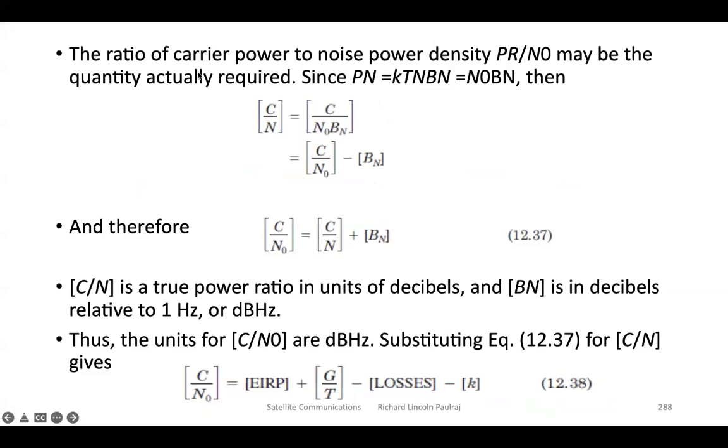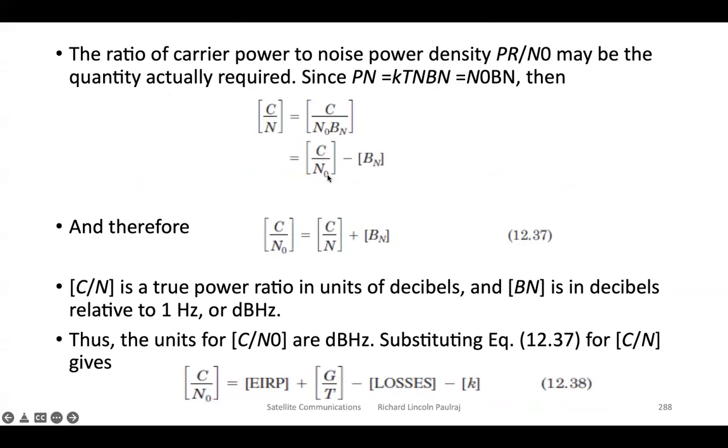The ratio of carrier power to noise power, that is C by N, may actually be required, since Pn is equal to K T Bn. K is your Boltzmann constant, T is your noise temperature, Bn is the bandwidth allocated for noise. Accordingly, we have written this formula, right?